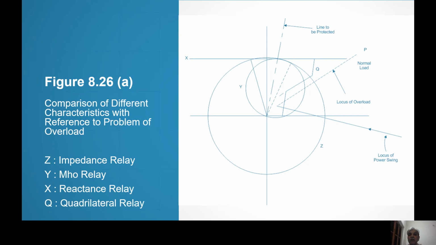So reactance, which is best for fault resistance, is worst for overload. Then the point will enter impedance. So impedance is a little better than reactance, but more is better. But quadrilateral with this notch is best. Is best, right? Therefore, the quadrilateral relay is what people nowadays prefer in all EHV transmission lines.